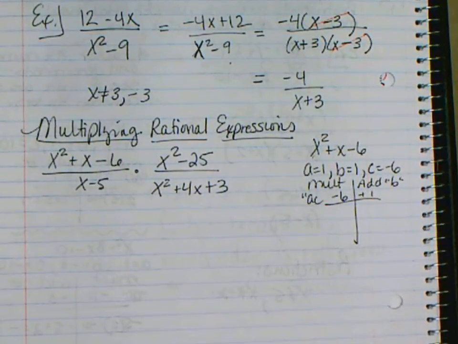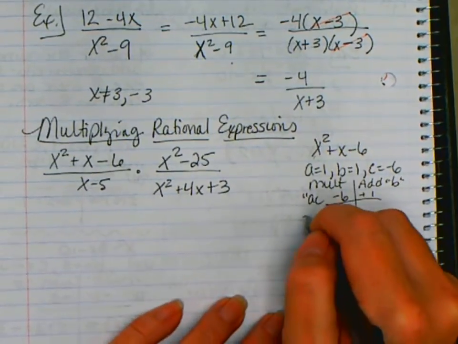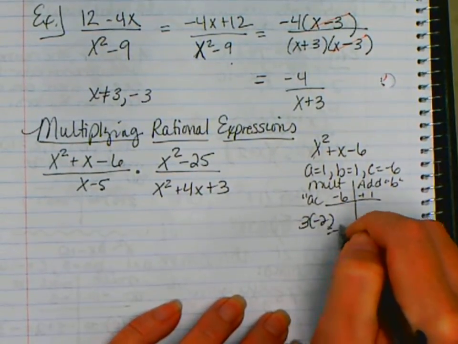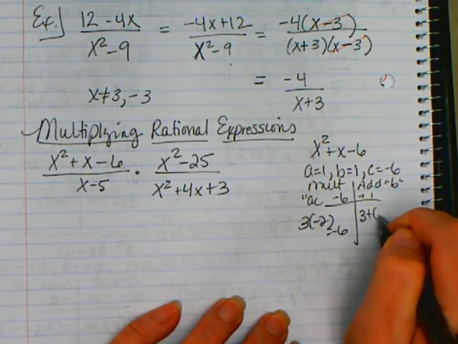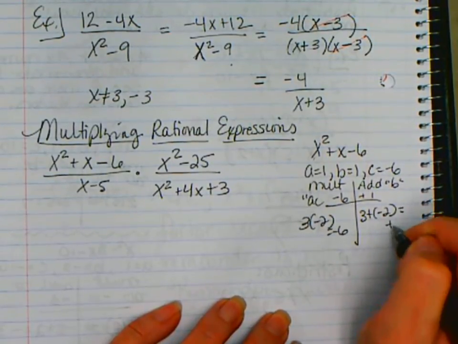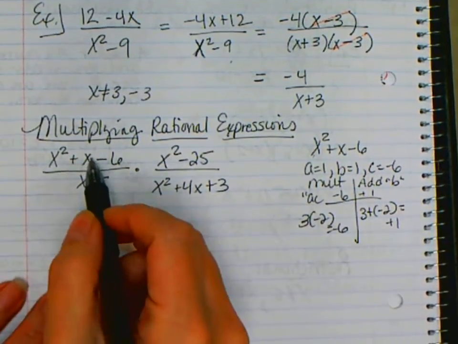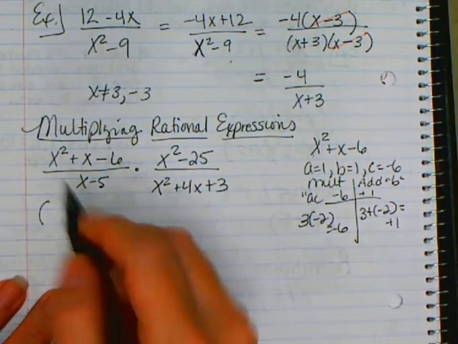What do you think? 3 and negative 2? 3 times negative 2 is negative 6, and 3 plus negative 2 is positive 1. Perfect. So this numerator will be x plus 3 and x minus 2.